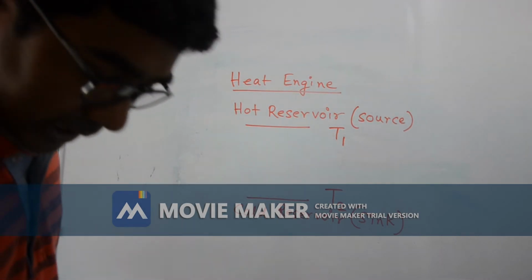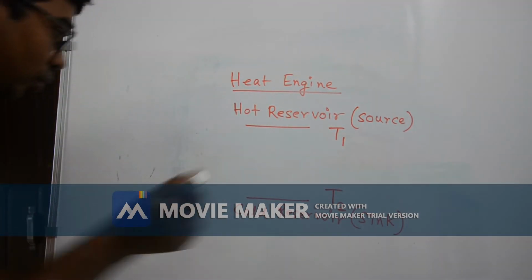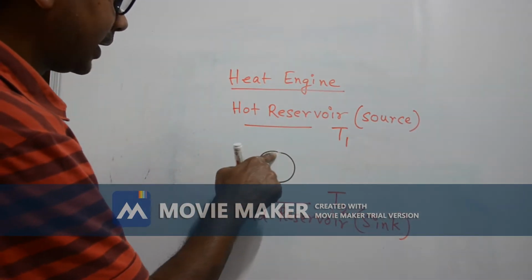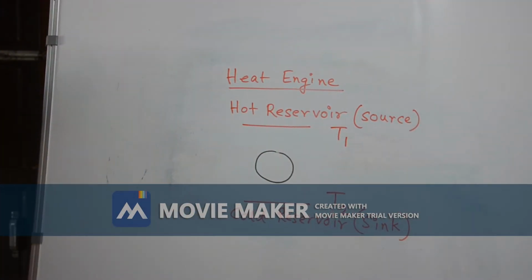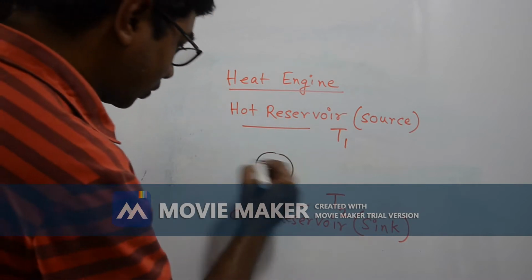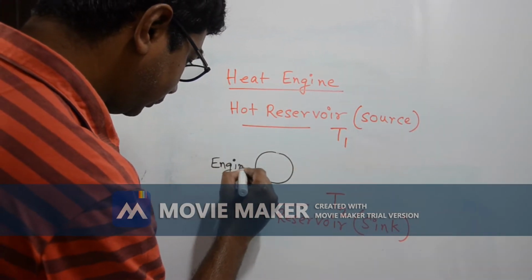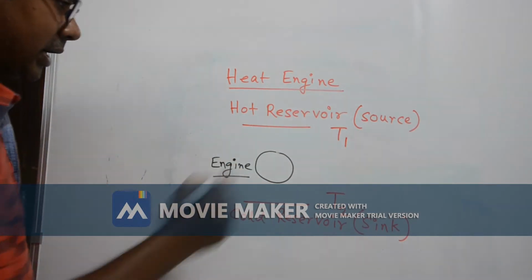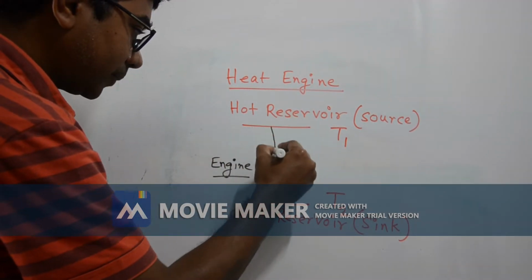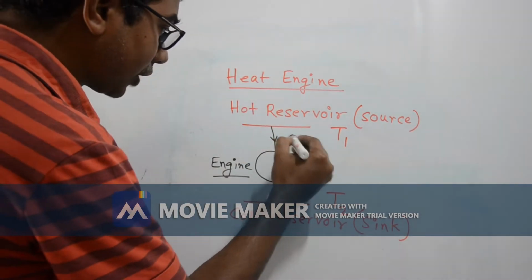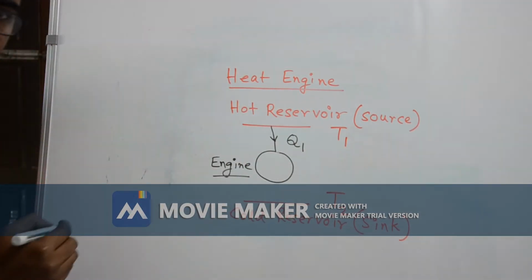So what does the heat engine do? It operates in between the hot reservoir and the cold reservoir, so this is basically the engine. It takes out some amount of heat from the hot reservoir, which I am calling Q1.